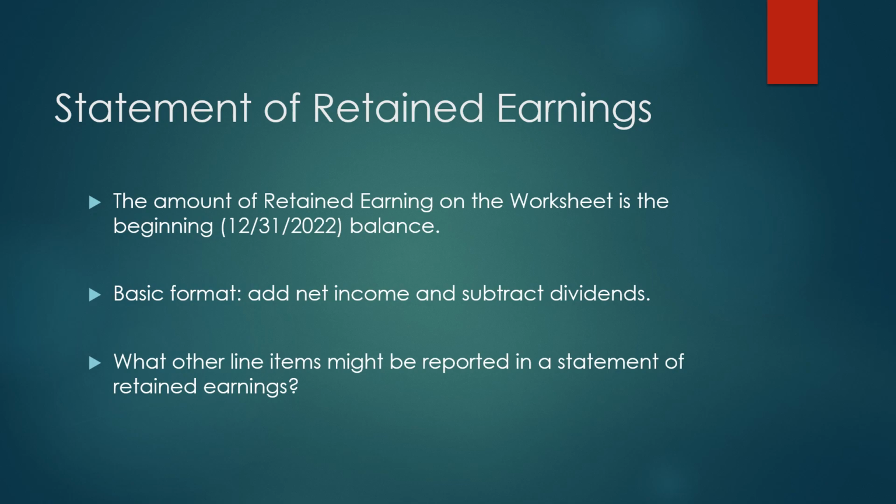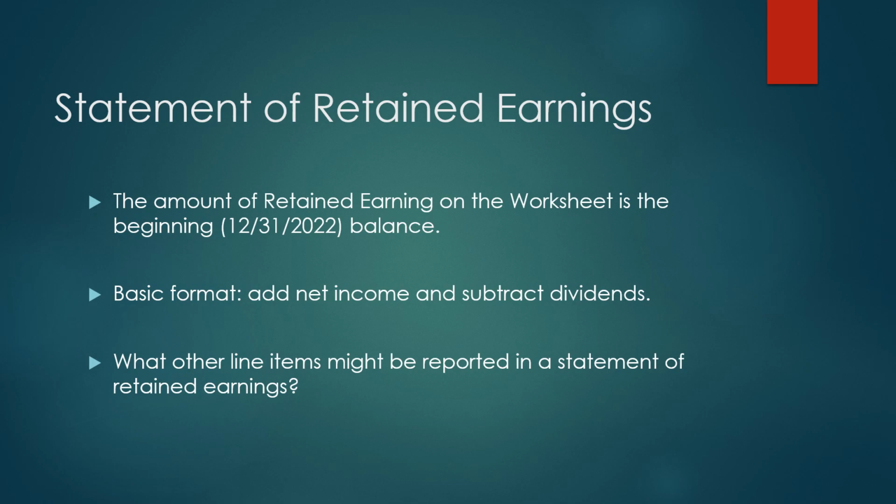Next, we're going to prepare a statement of retained earnings. Keep in mind that the amount of retained earnings reported on your adjusted trial balance is the beginning of the year, or the 12/31/2022 balance. We haven't closed the books yet, so that amount has not been adjusted for net income and dividends.